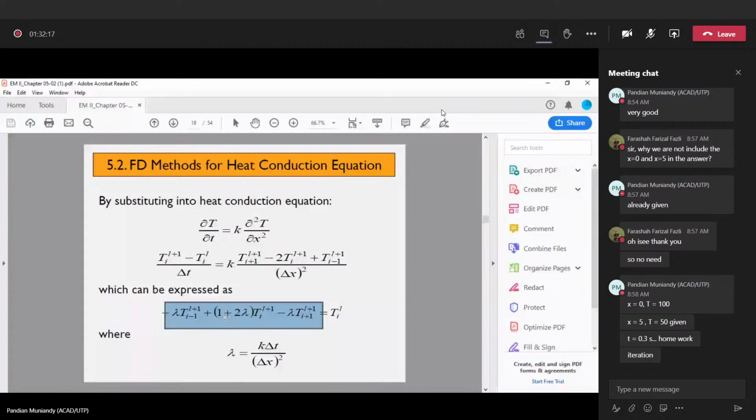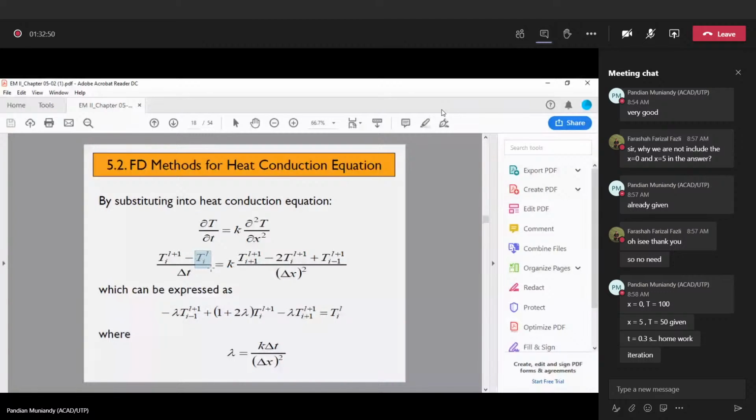This one becomes minus here, plus 1. This one plus 2 lambda T superscript L plus 1. This one minus T superscript L plus 1. Sorry, T superscript L plus 1, I plus 1 is this term. This one is here, and this T superscript L subscript I is this one.